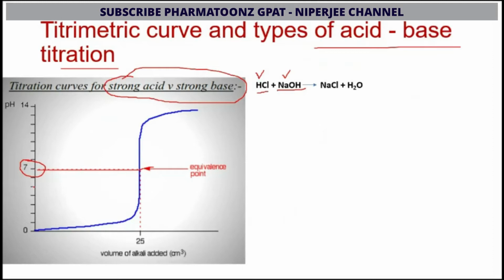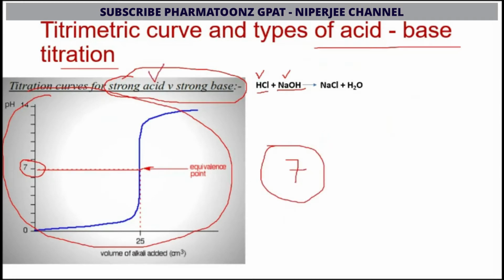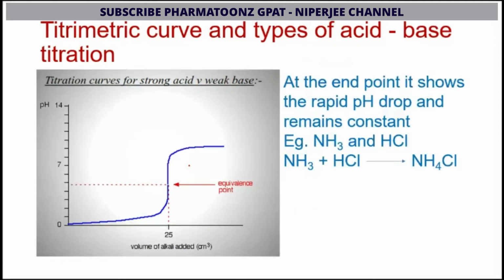You have to remember this for last year's examinations and previous year papers. A curve will be given and you have to identify which acid and which base it is for. When you observe pH 7 on the neutral side, it is a curve of a strong acid and a strong base.